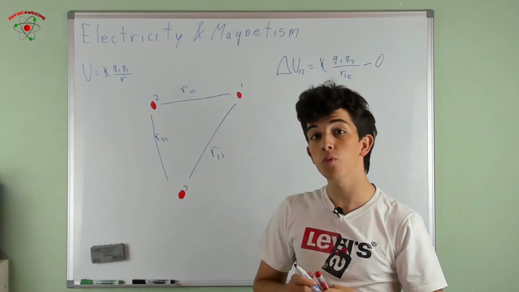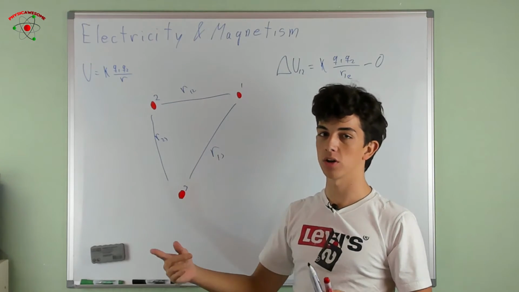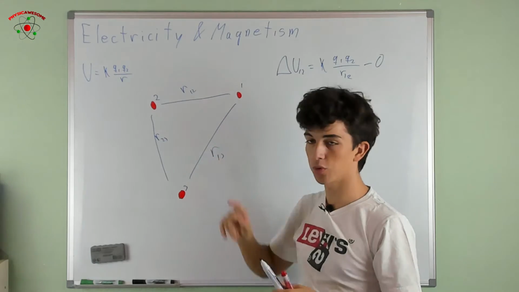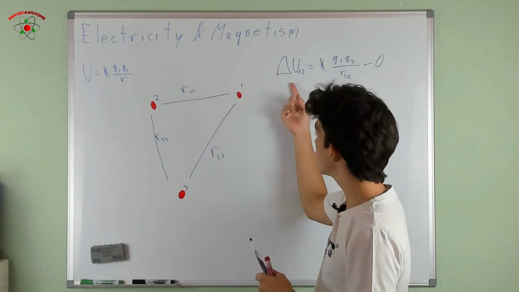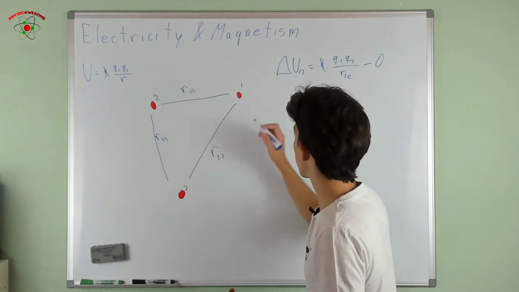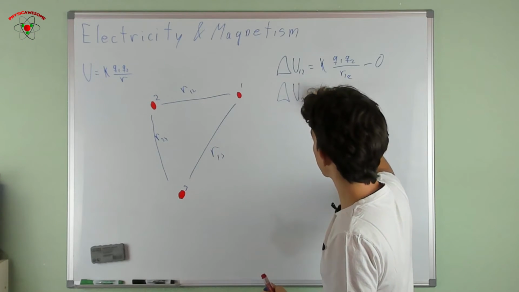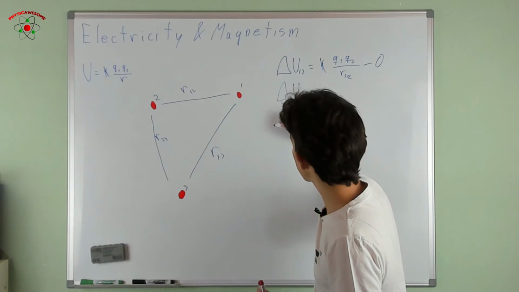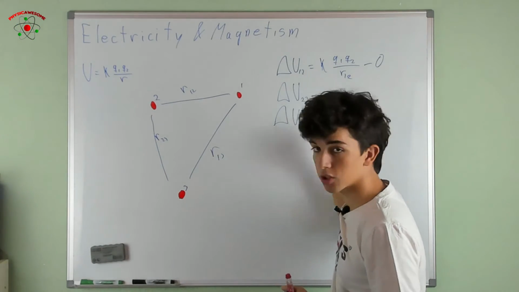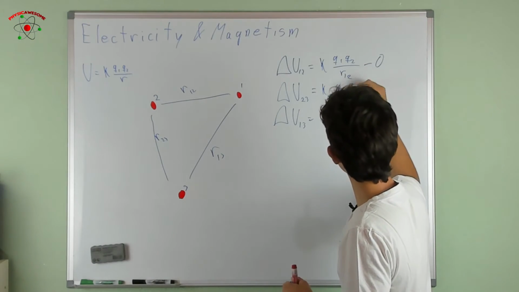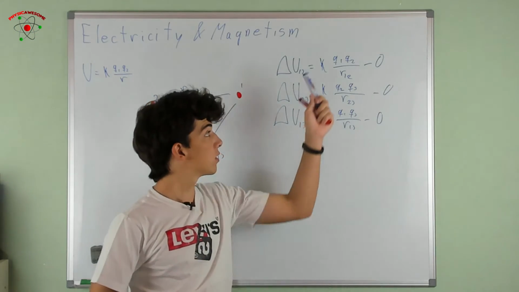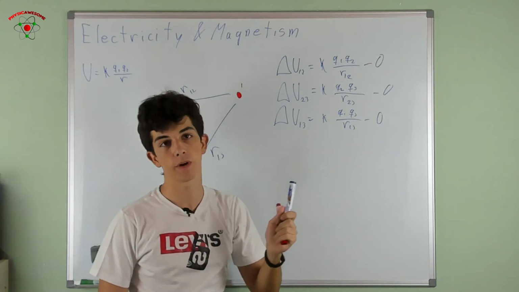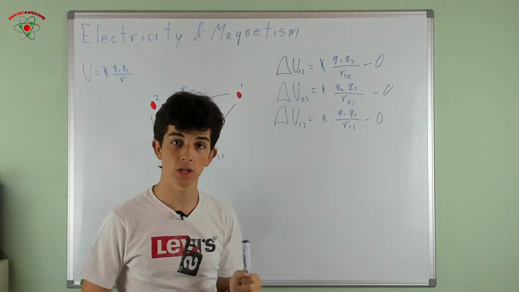But now we have to bring another charge, which is the third one, once we have the first two. Therefore, we're going to have two more components like this. We're going to have the energy required because of charge 2 and the energy required because of charge 1, which are exactly the same as the first one we found, but for the different charges.